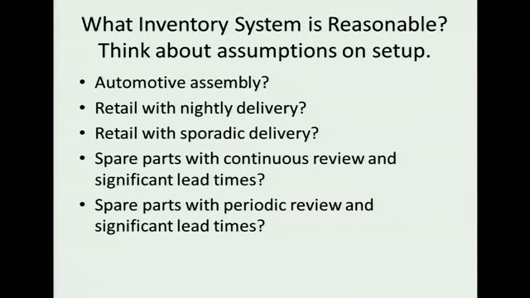EOQ. Well, what's the first thing we know about an automotive assembly line? What's the demand? Fairly constant, right? Because it's producing a car every minute, or whatever rate it's running at. You could also answer QR if you wanted, right? Because then you would assume that there was what? Randomness in the lead times.